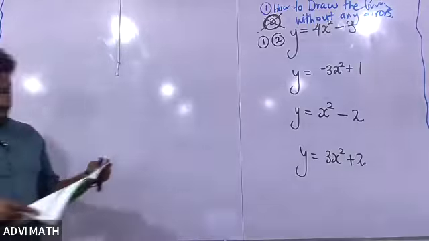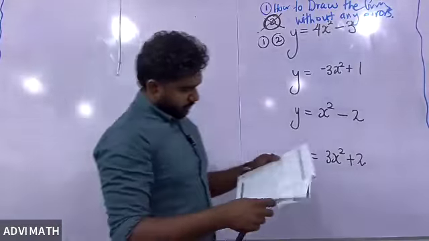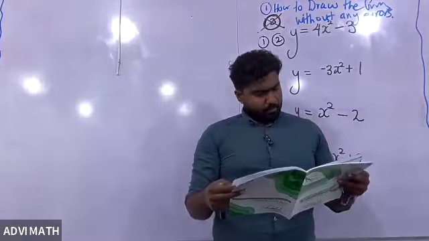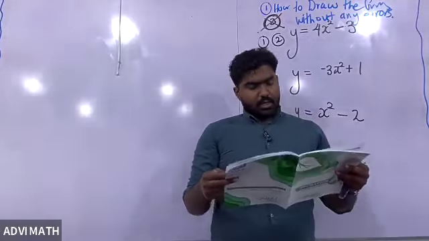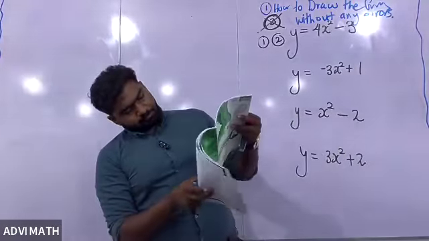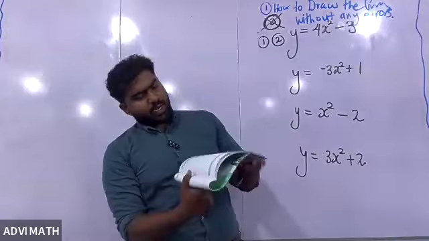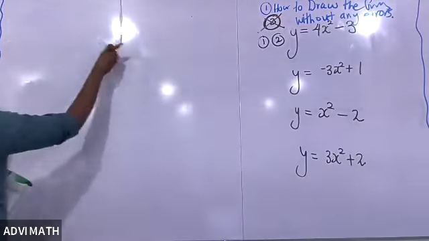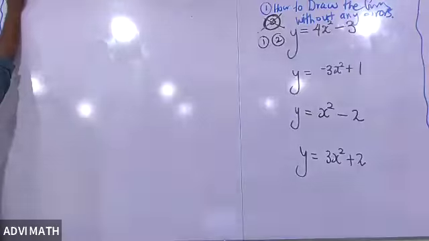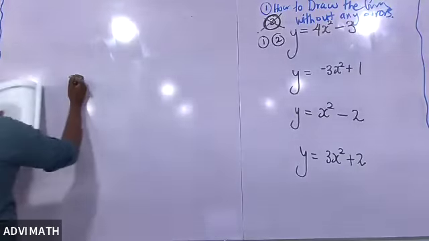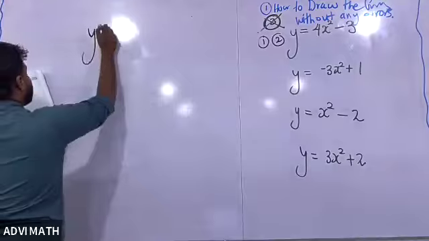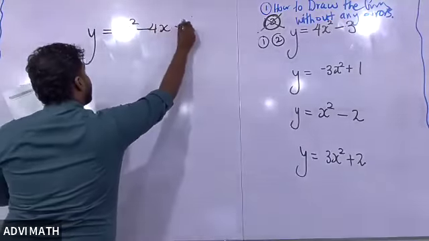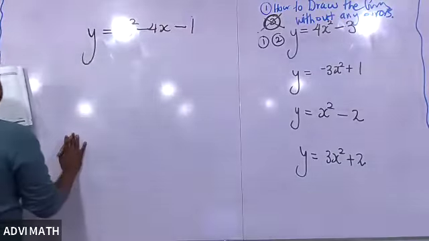Hurry. Turn to page number 28 and take your writing book. Y is equal to x squared minus 4x minus 1. Hurry.